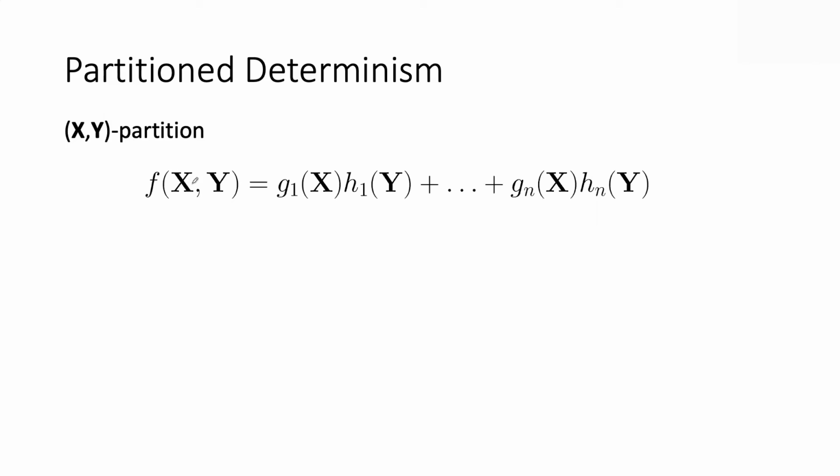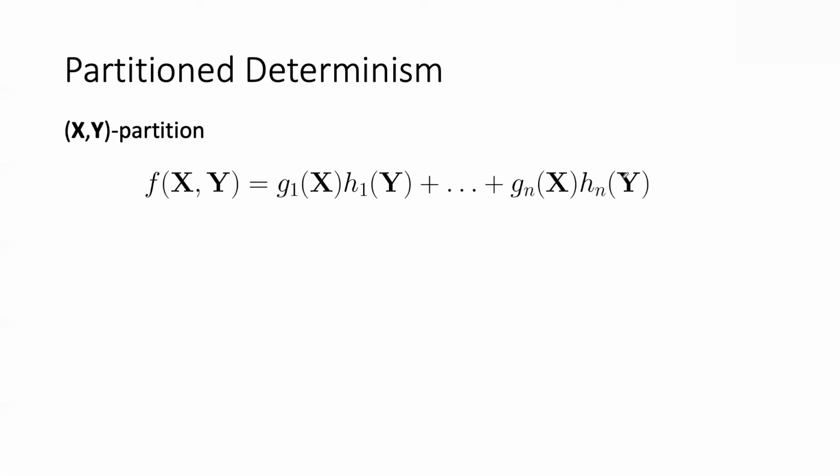I took the variables of the formula and pretended they are in two disjoint sets, X and Y, and rewrote it like that. So far, what is this? This is structured decomposability, because G1 and H1 do not share variables. X and Y do not overlap, and I'm doing it throughout, all right? So we have a structured decomposable rewrite if you want.